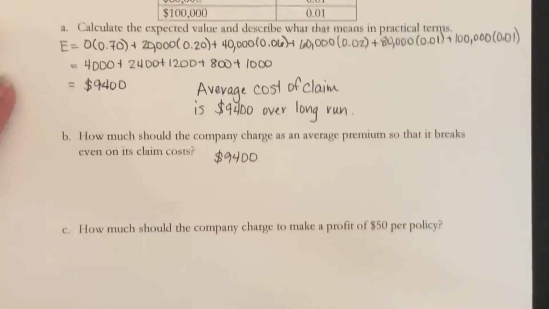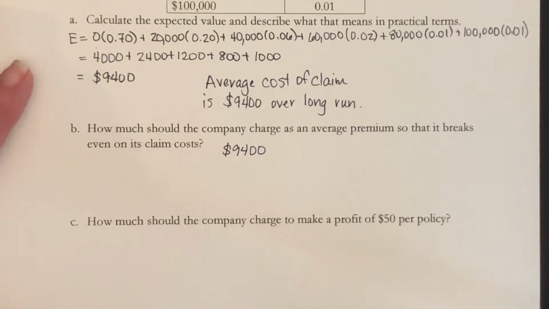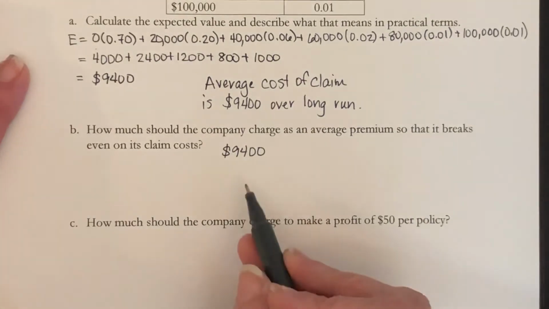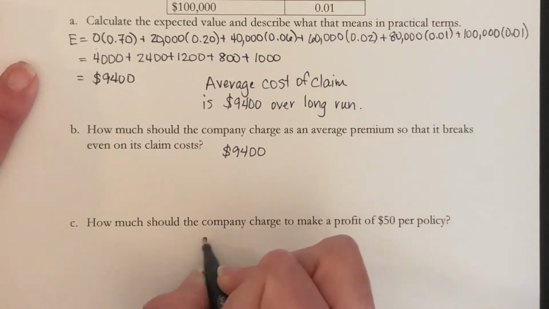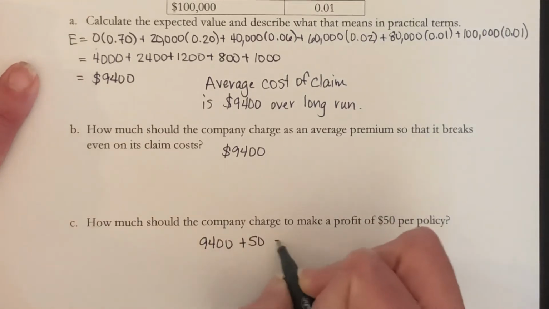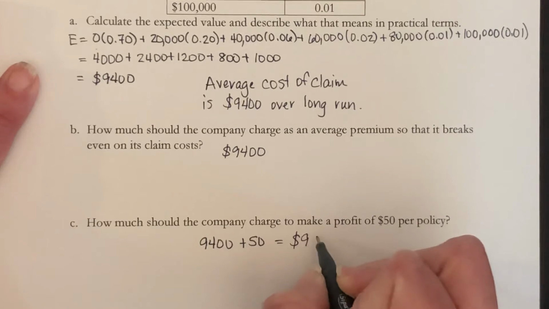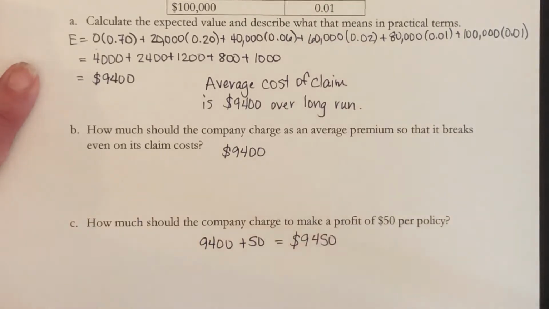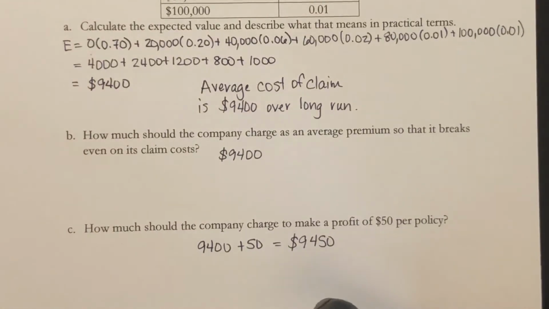Now, how much should they charge if they want to make a profit of $50 per policy? Then simply $50 more than this. So they should charge $9,450 for each policy if they want to make $50 profit on each one.